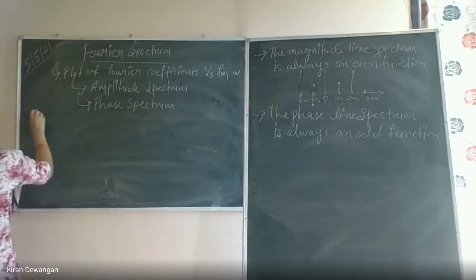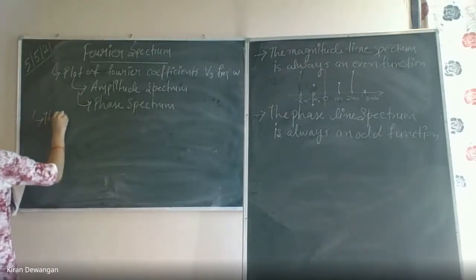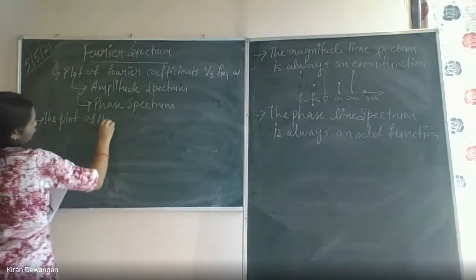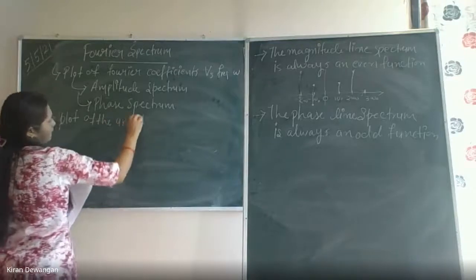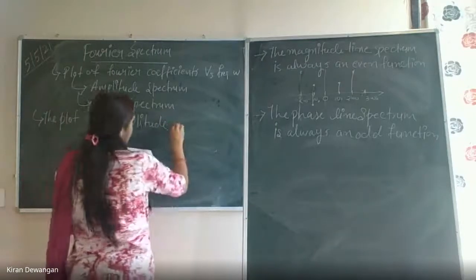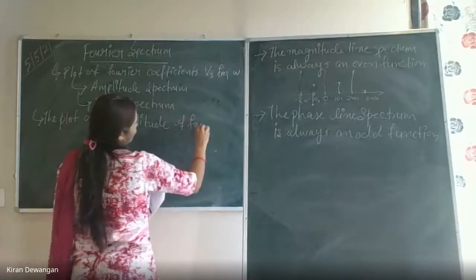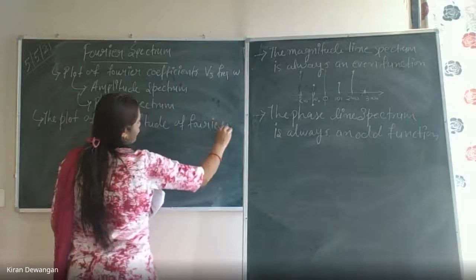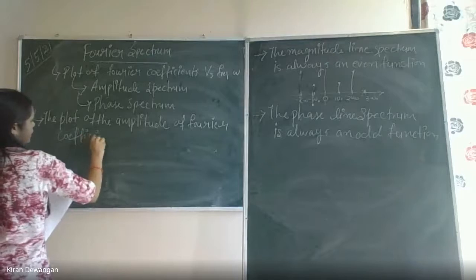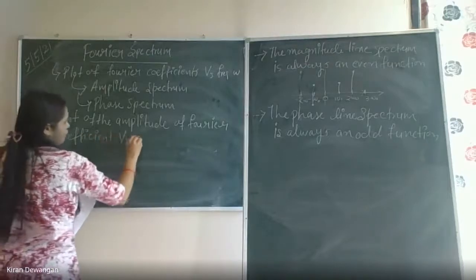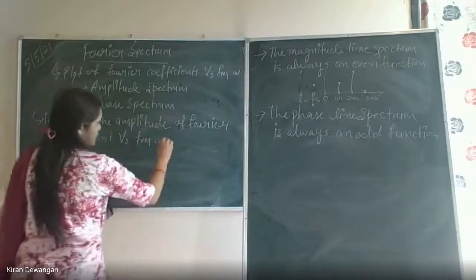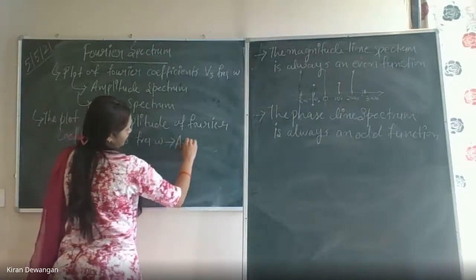Now, the plot of the amplitude of the Fourier coefficient versus frequency omega, okay? This is the amplitude spectra.